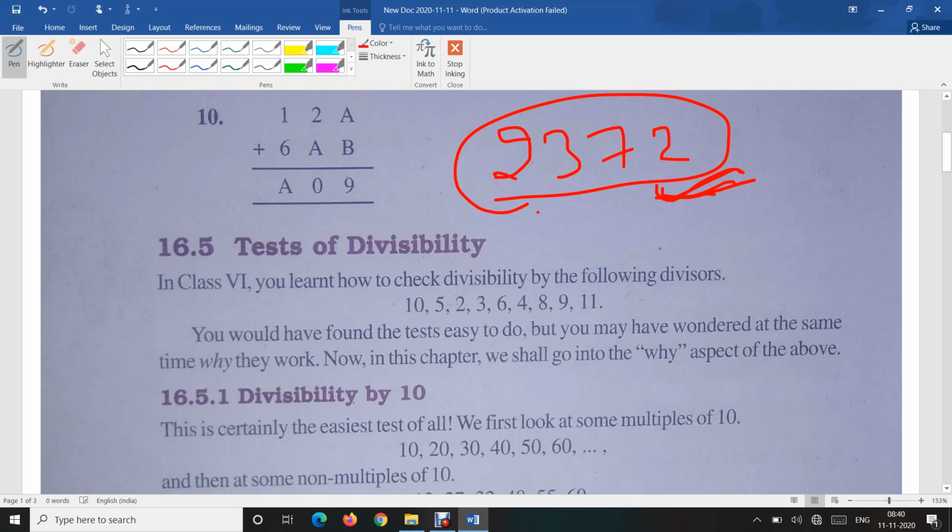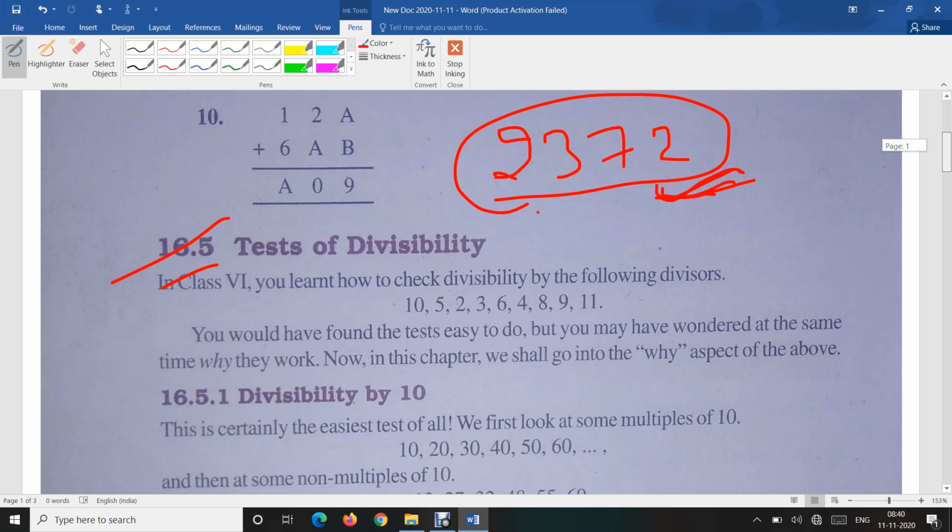See, for this we have some tricks, and today we will learn about these types of tricks. This is called tests of divisibility. That means we have some numbers and we can check whether a number is divisible by another particular number or not. So these are tests of divisibility.